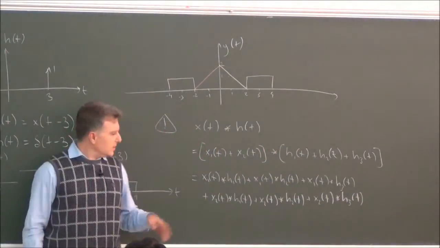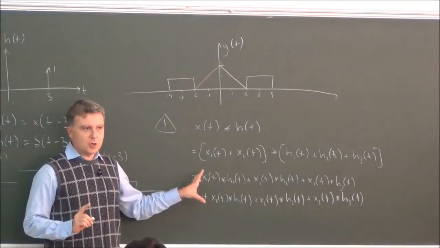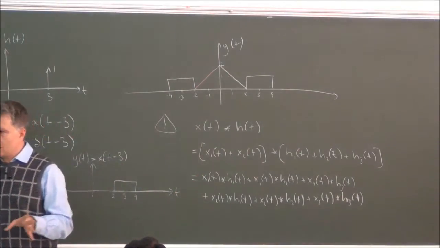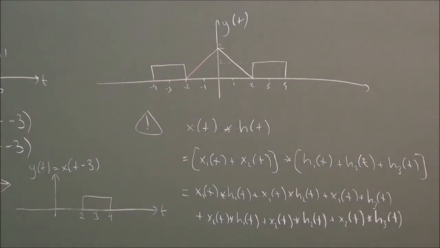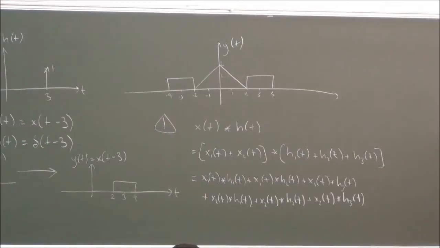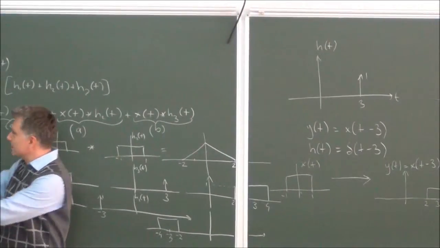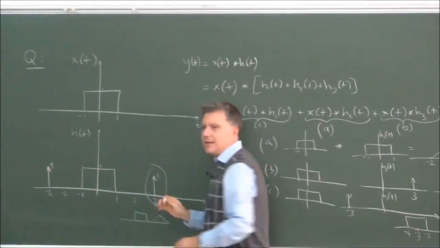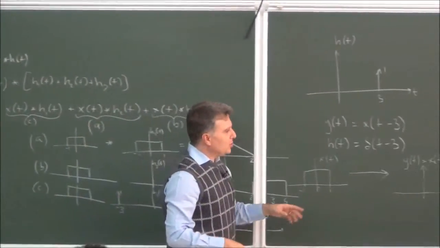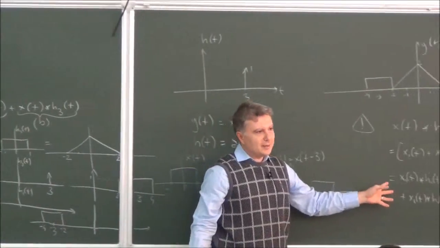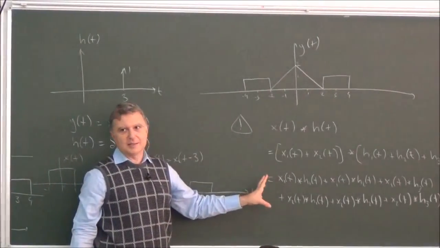In fact, this was what I had in my mind originally. I thought of a quiz question which has x of t, something like this, and an impulse, for example, or a triangle, or whatever shape, consisting of two parts in x and three parts in h. But then I thought that the cross convolutional terms will be too many. There will be 6 items then.